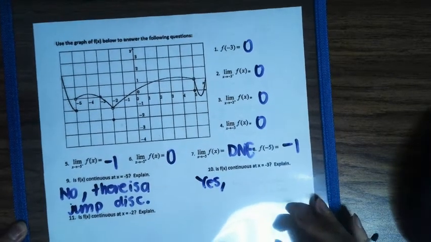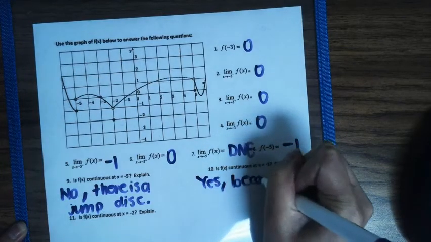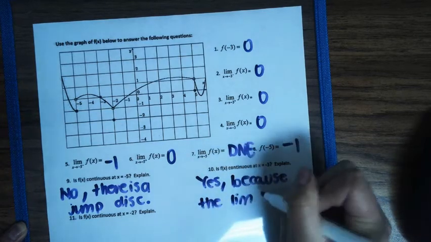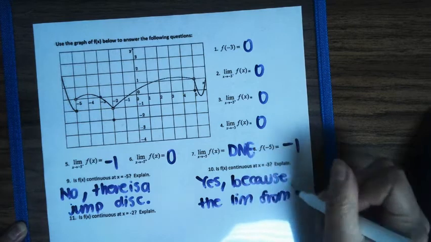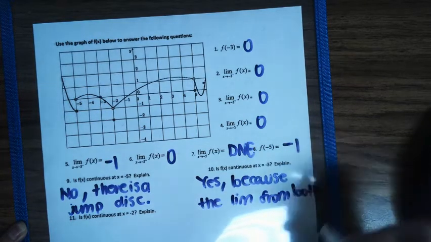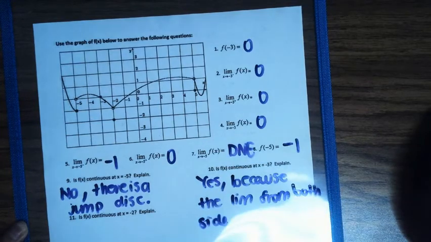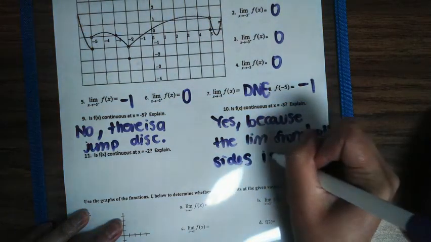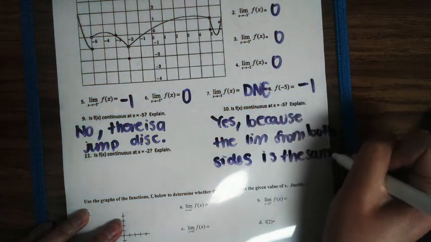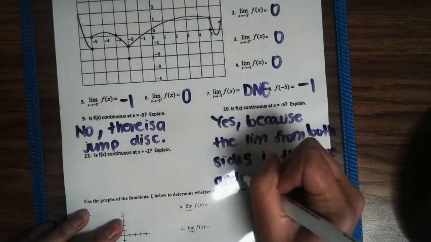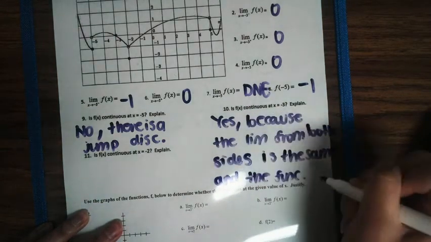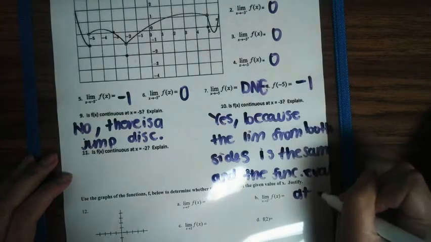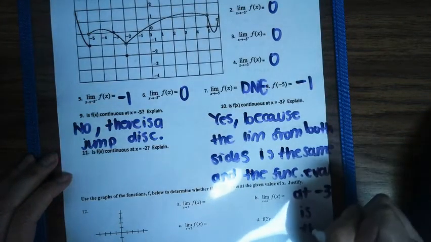Why is this true? Because the limit from both sides, since I'm running out of space, for both sides is the same, and the function evaluated at that point, at negative 3, is the same.